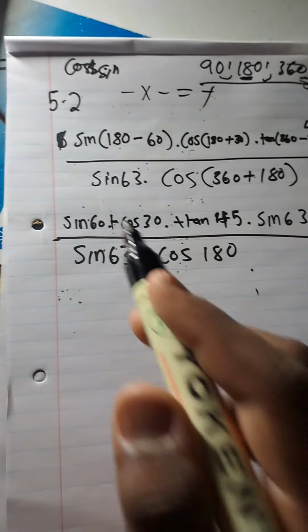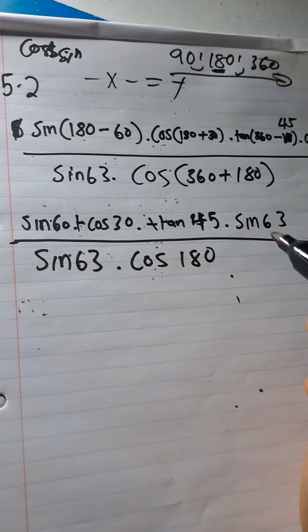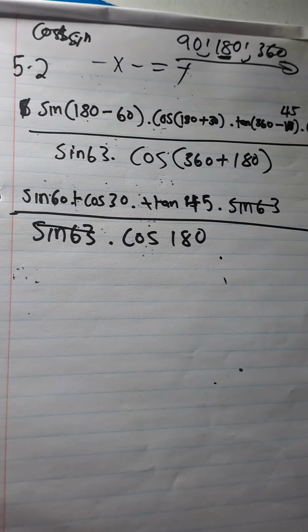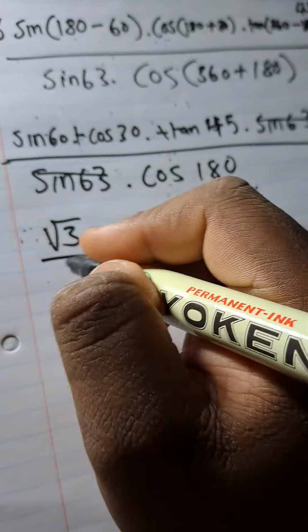So let's continue. What I know is that since I have 63 and 63 common there, I'm gonna divide them and then I cancel them. So what is sine 60? From my knowledge, I know sine 60 is root 3 over 2, times what? Cos 30.